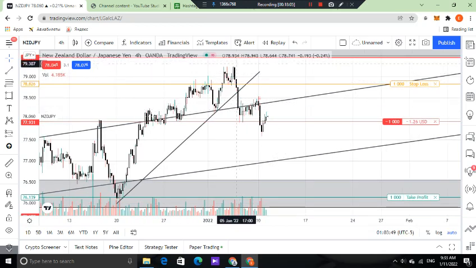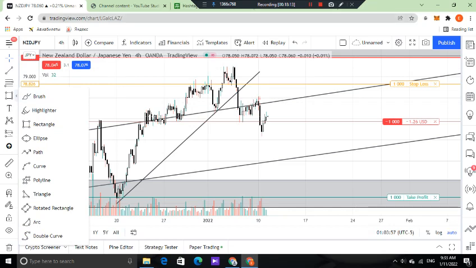We had this strong, badass breakout with these candles, and after that we went into a trading range, pullback, whatever.